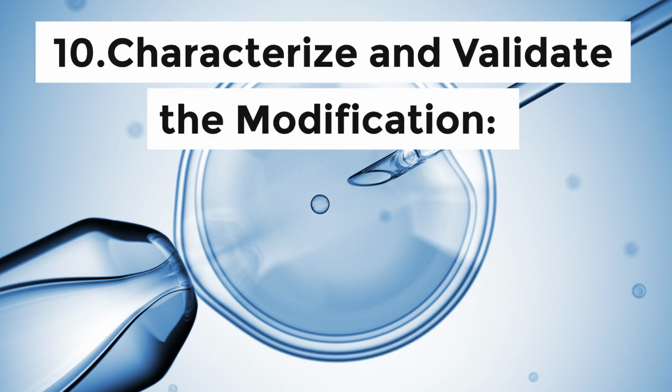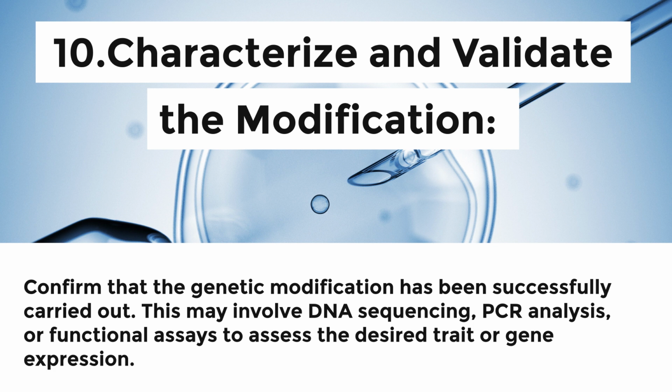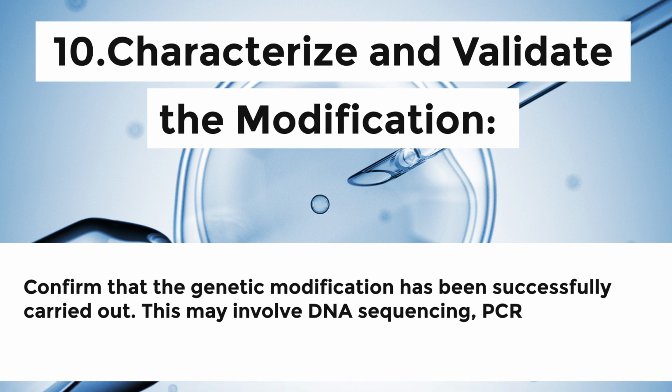Then characterize and validate the modification. Confirm that the genetic modification has been successfully carried out. This may involve DNA sequencing, PCR analysis or functional assays to assess the desired trait or gene expression.